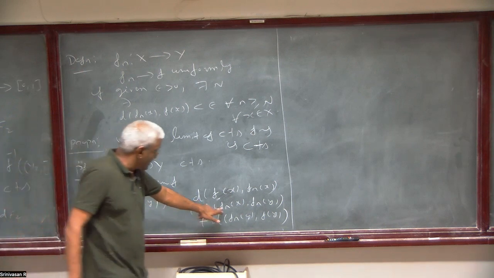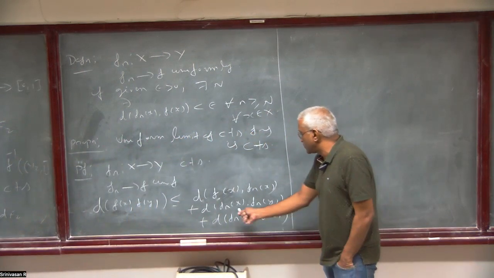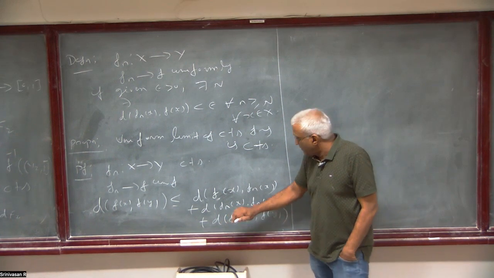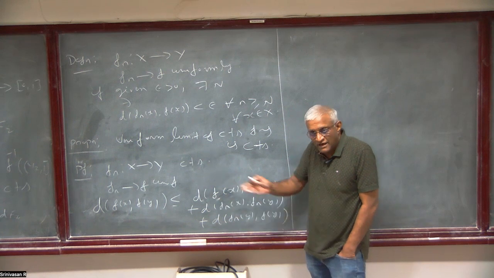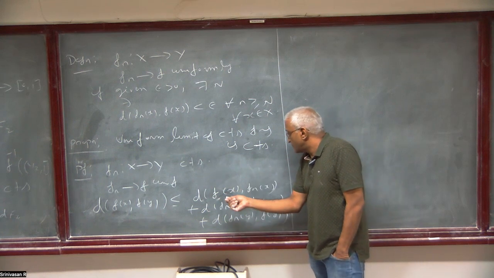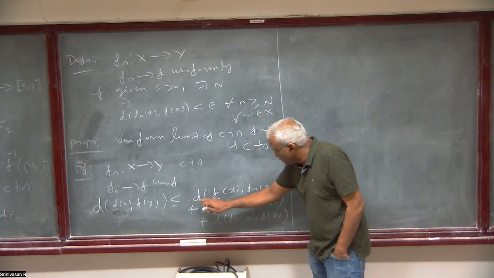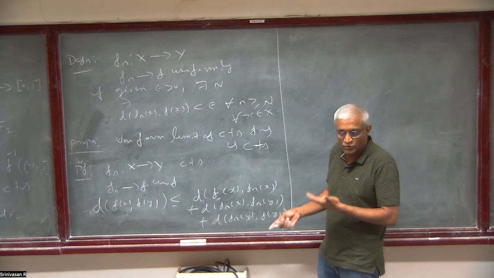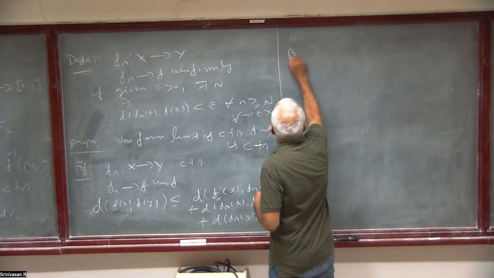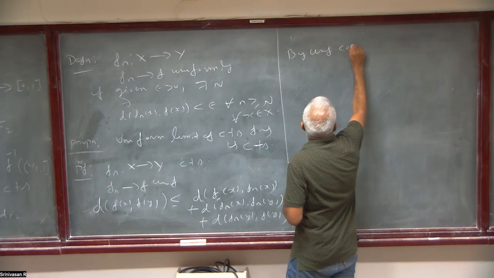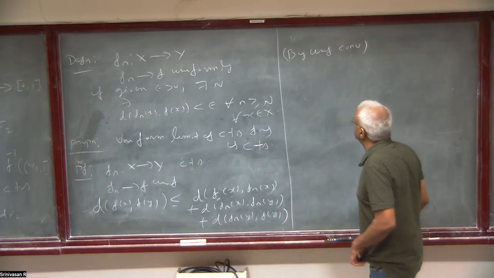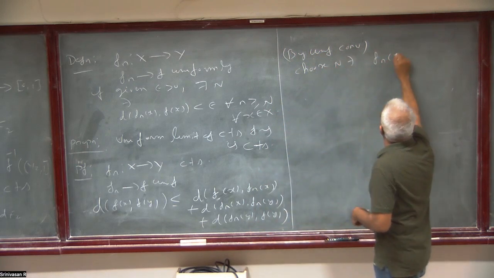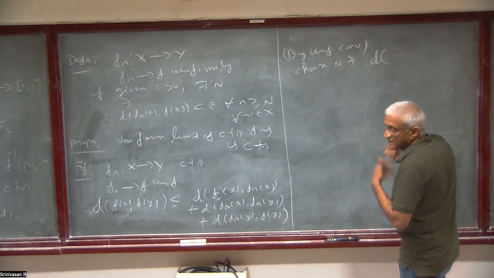But I know all the f_n are continuous, so I can fix an n and choose a delta for this function. Then I have to make these two smaller than epsilon by 3, whatever, doesn't matter. But you can make them uniformly smaller by choosing an n. That is where uniform convergence is used. Using uniform convergence, choose n such that d of, we always tend to write the modulus.